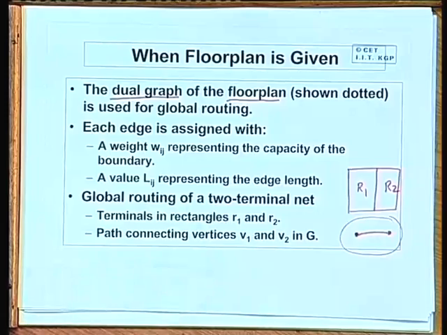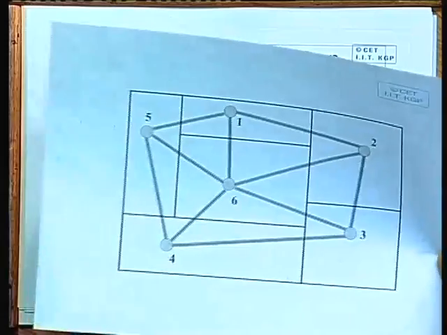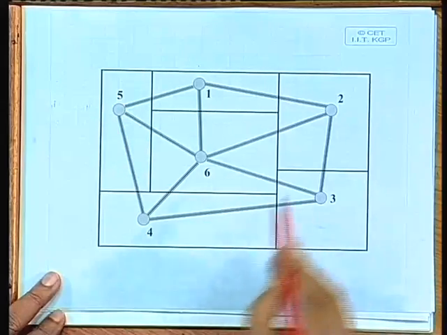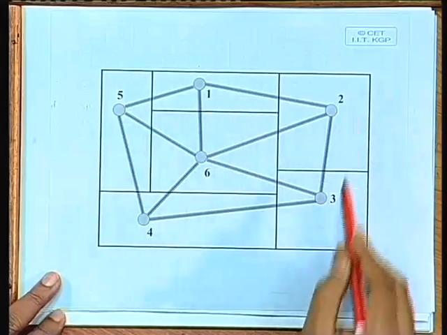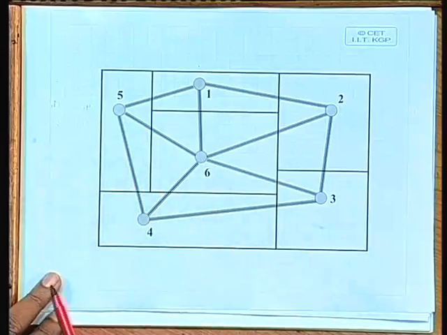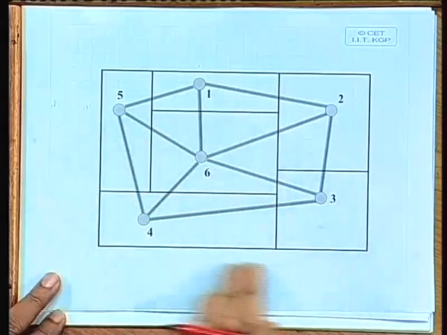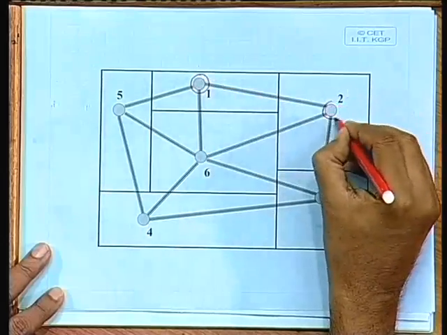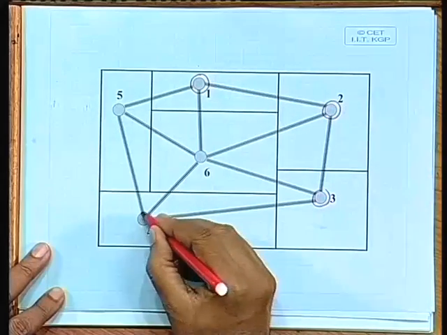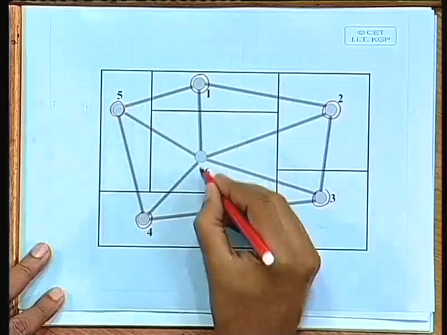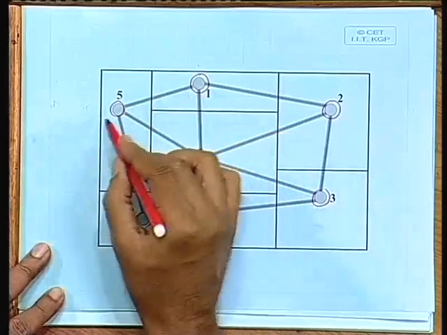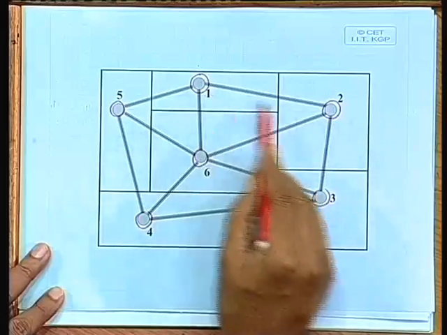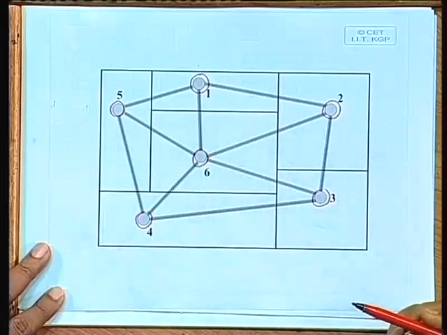So I am giving an example. Suppose we have a floor plan like this. There are 6 regions, 1, 2, 3, 4, 5 and 6. So, I have shown the dual graph superimposed on this. These are the vertices 1, 2, 3, 4, 5 and 6, and the pair of nodes which are connected by a boundary are connected by an edge.